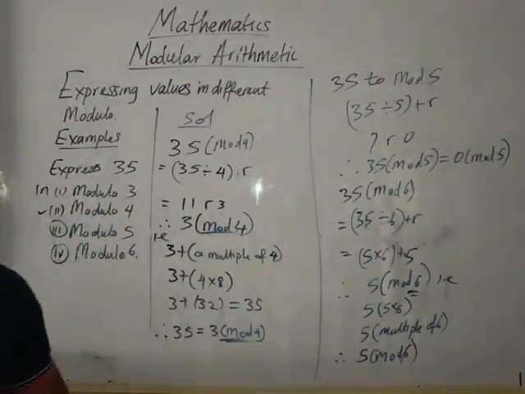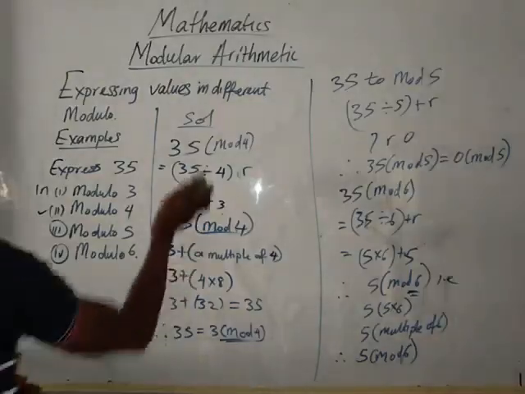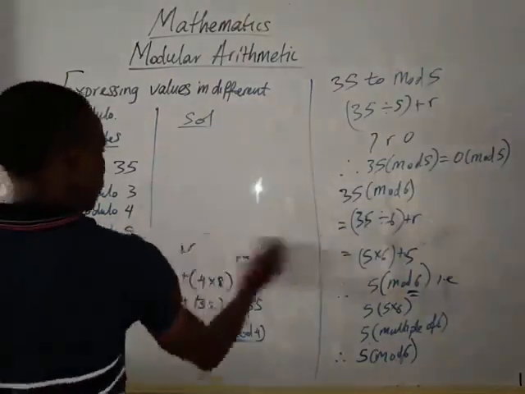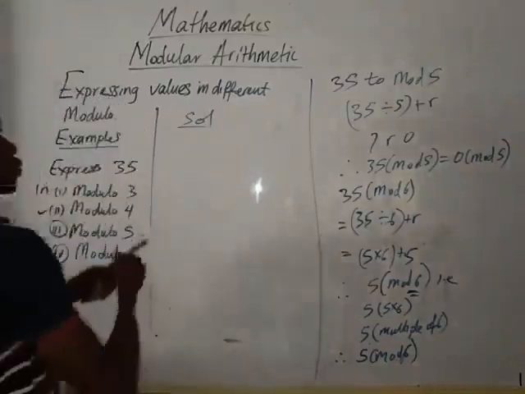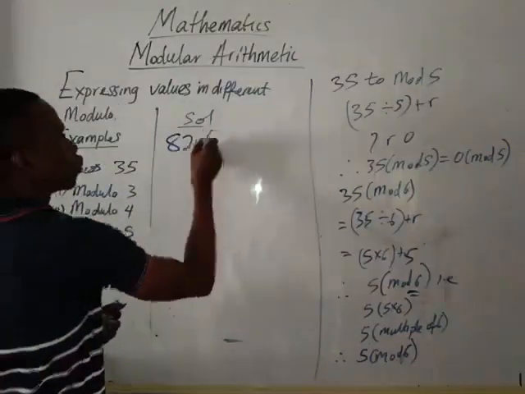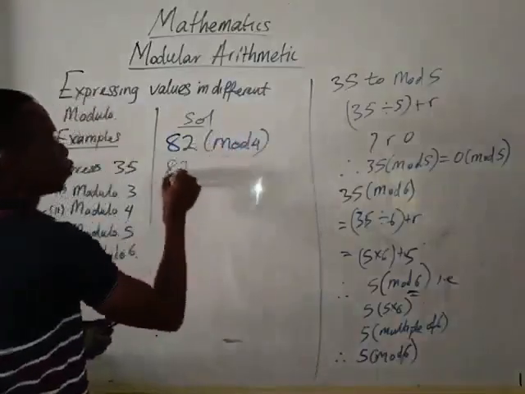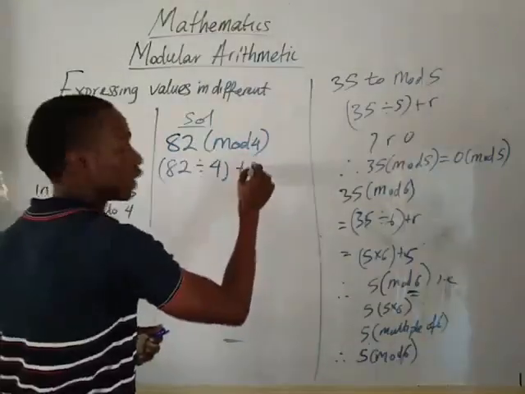So let's look into more examples with what we have here. If I am to express the value 82 to mod 4, that will give me 82 divided by 4 plus its remainder.